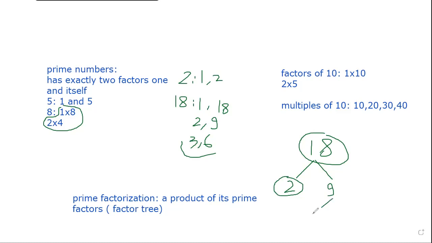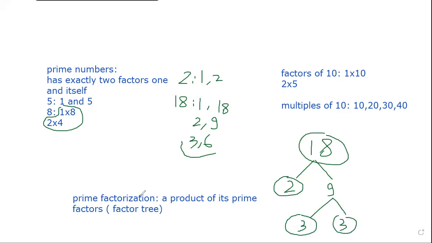So we continue the tree, we make more branches. For 9, what 2 numbers do we multiply to get 9? 3 and 3. So we circle 3 and 3 because they are prime factors.